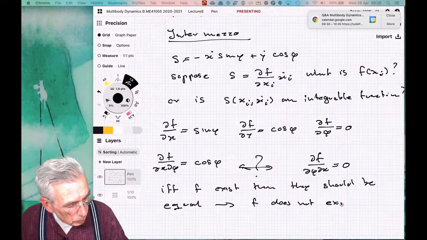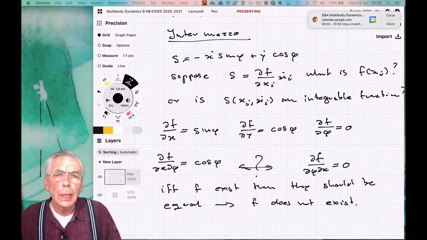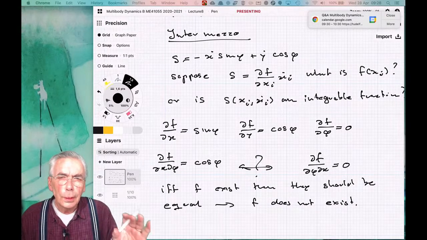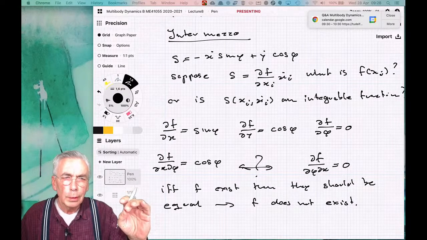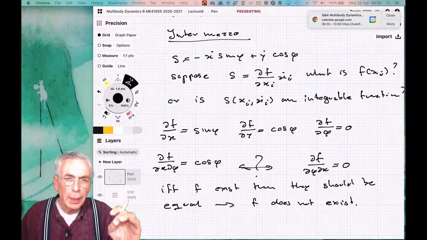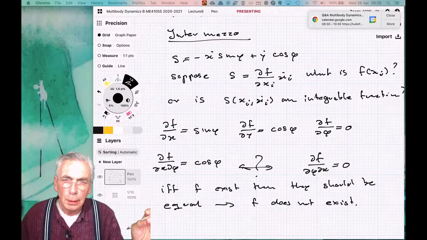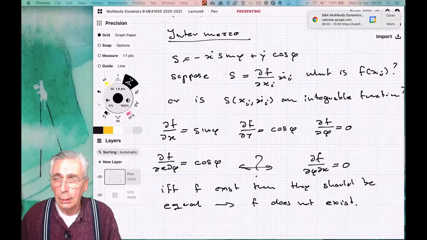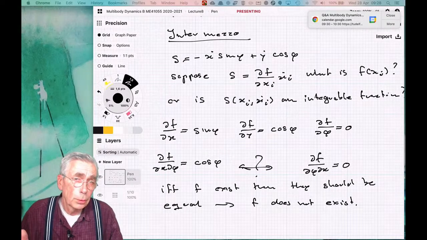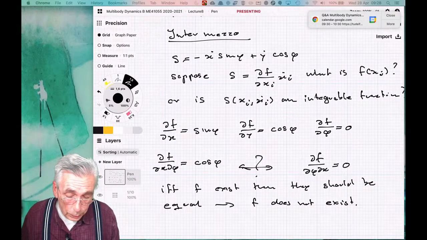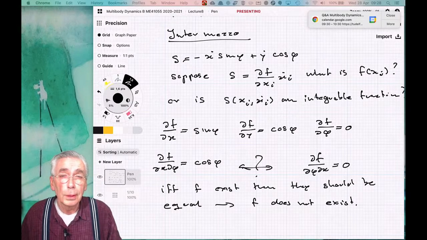And there's also another way. If I try to integrate this S, the value of the integral depends on the path that I take. And usually with integrable functions, that is not the case. But with non-integrable functions, you get different results if you take a different path.